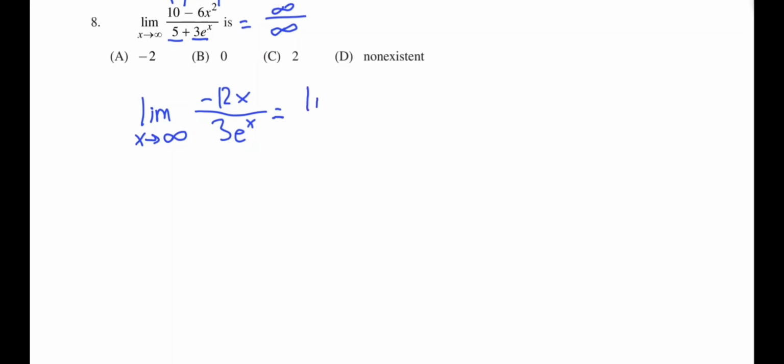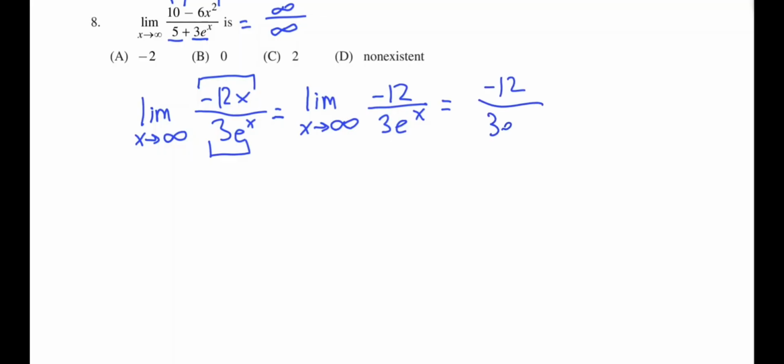So this becomes a limit as x approaches infinity of the top and the bottom derivative. So -12x has a derivative of -12, over 3e to the x. The derivative would still be 3e to the x. All right, so now we can plug in infinity conceptually, because now we would not end up with indeterminate, and that gives us -12 over 3e to the power of infinity.